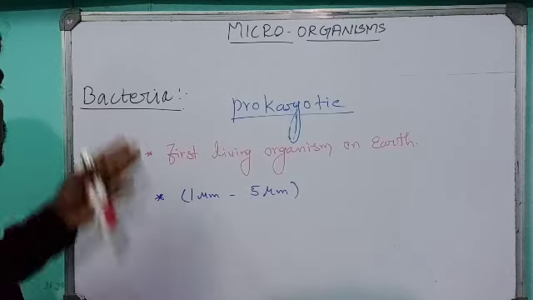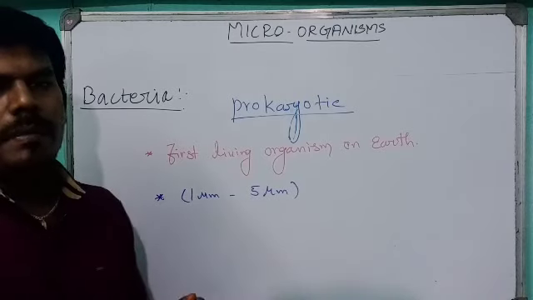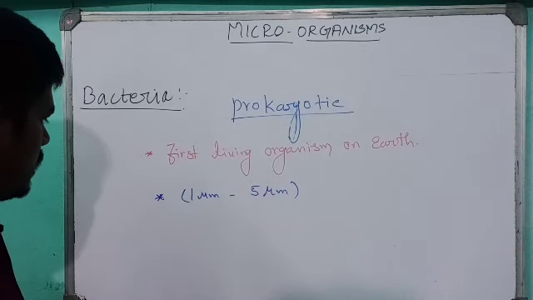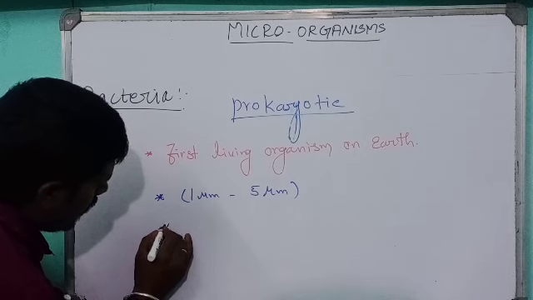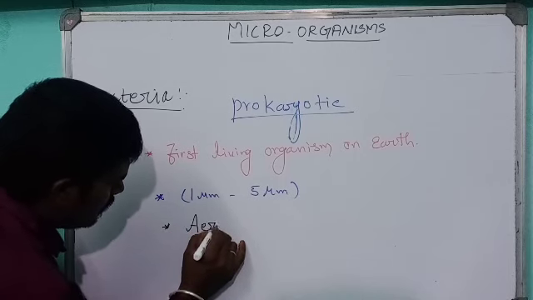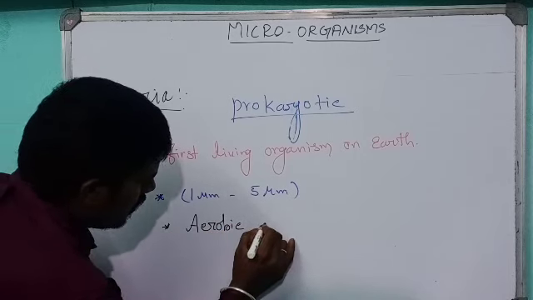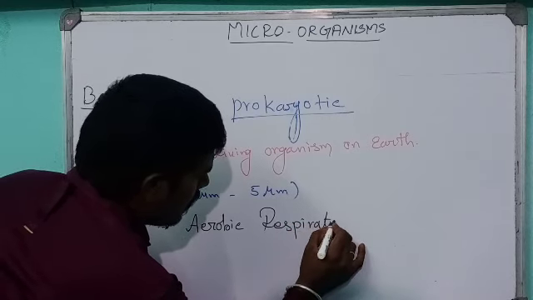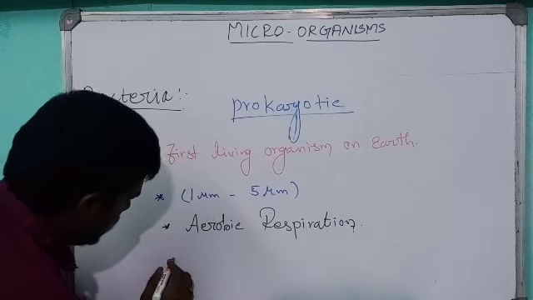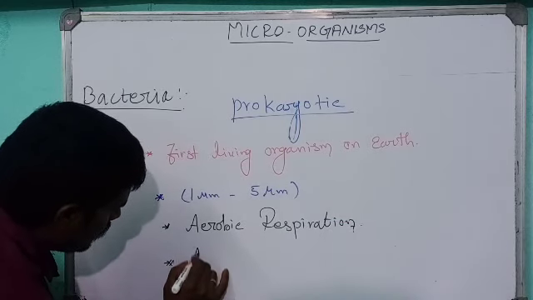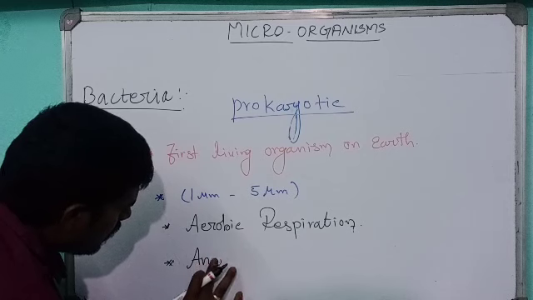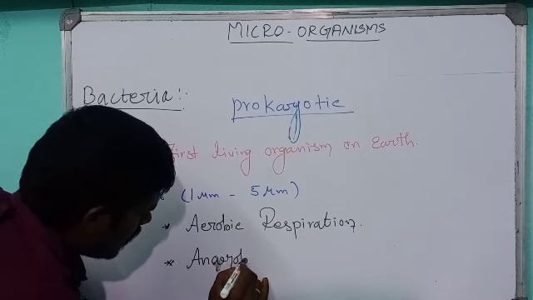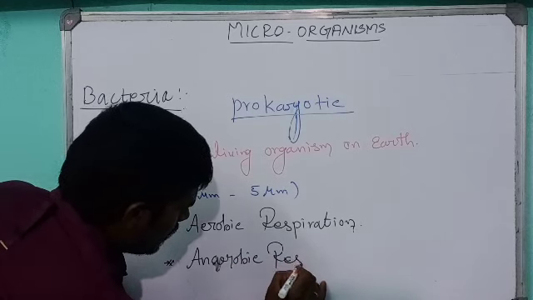Bacteria are classified based on respiration. There are two types. The first one is aerobic and the second one is anaerobic respiration.